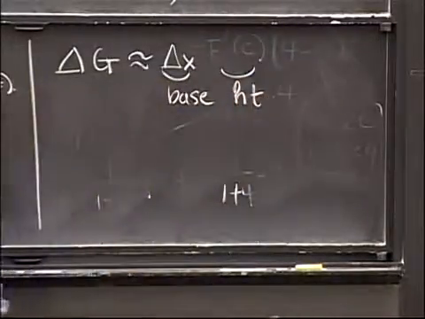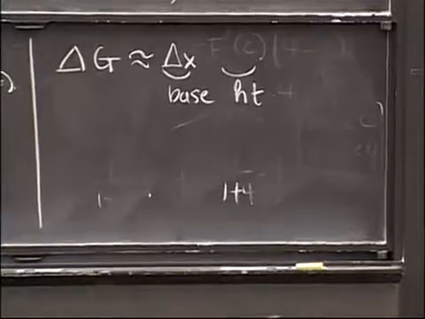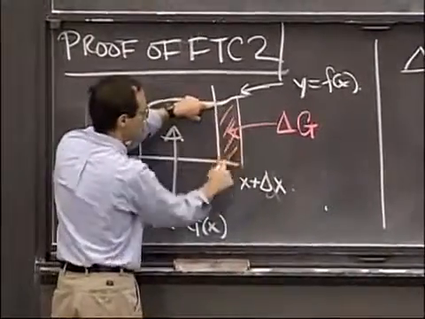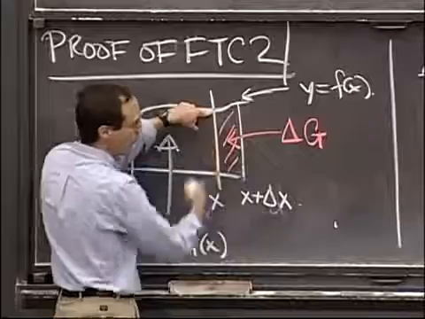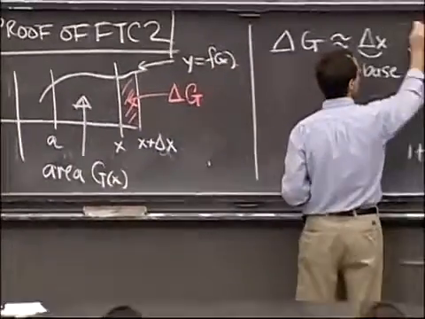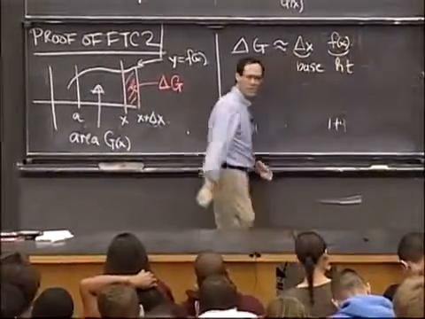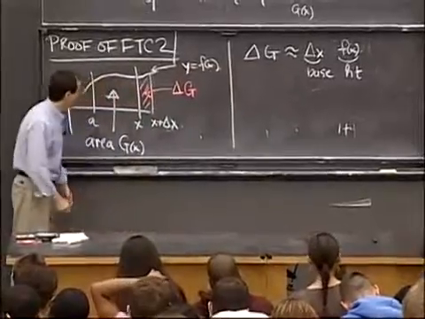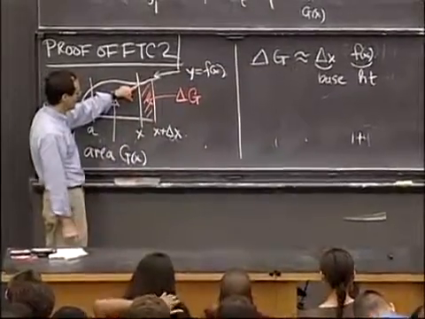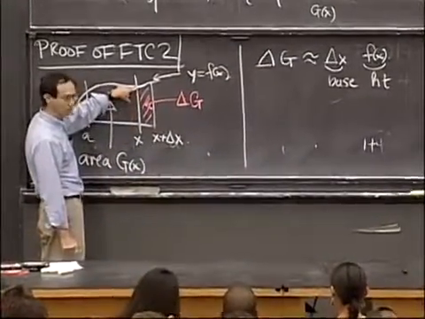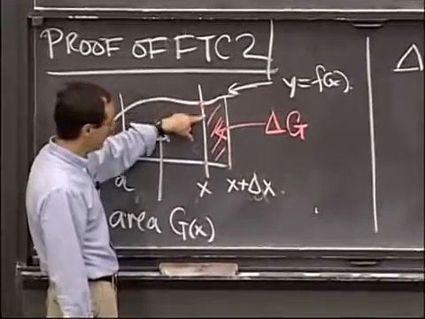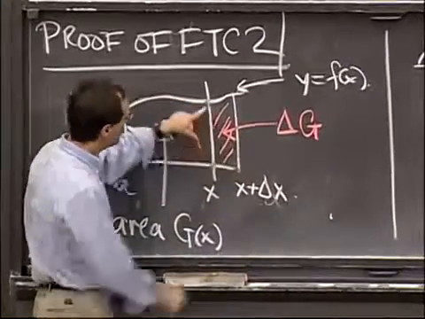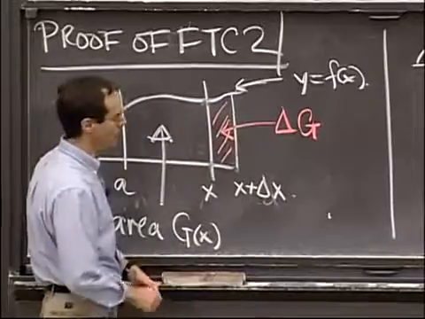But what is the height? Well, the height is maybe either this segment or something in between, but they're all about the same. So I'm just going to put in the value at the first point. That's the left end there. So this height here is f of x. So this is f of x, and so really I approximated by that rectangle there.